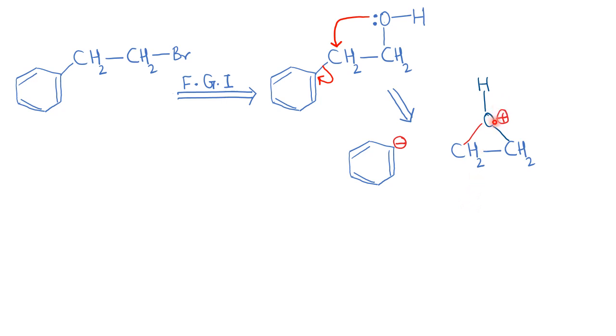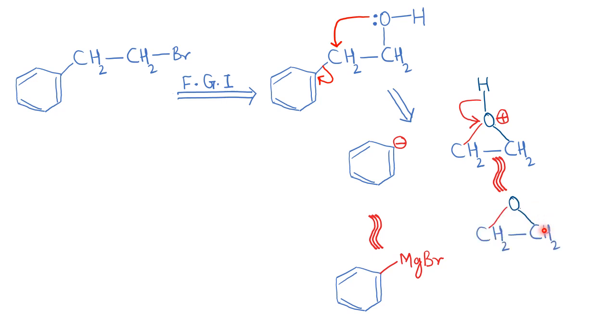Positive charge of oxygen can be neutralized by breaking the OH bond. So first we will convert this aromatic ring with a minus charge into its stable corresponding reagent. So we are making it MgBr here, and from this particular ion or synthon we are converting to corresponding oxygen by losing the proton and neutralizing the charge on oxygen.